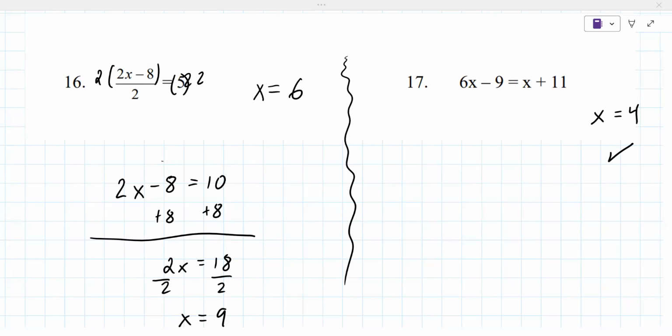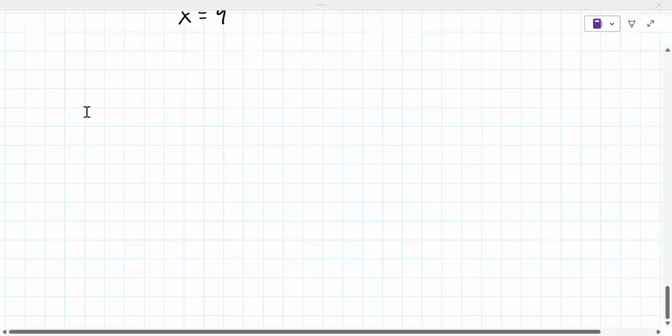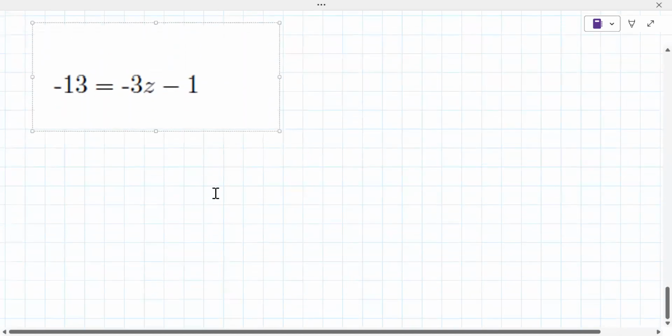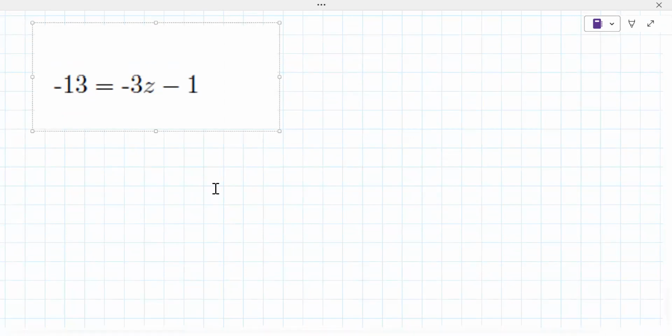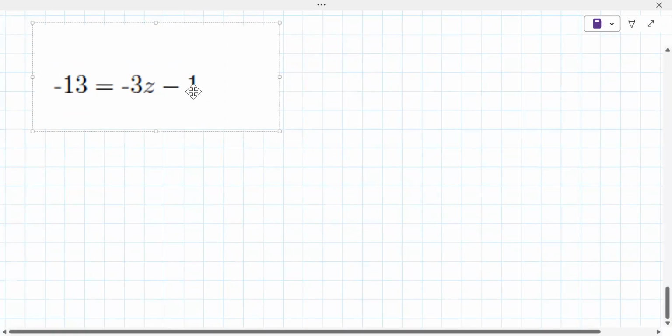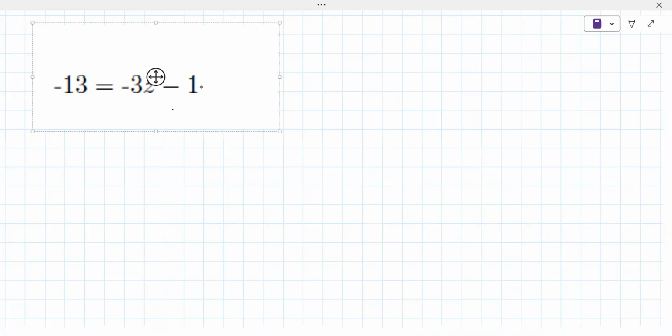Let me throw a medium-ish problem in front of you. And instead of having you solve it, why don't you try telling me what to do to solve this? Any idea here? You add the 1 to each side.